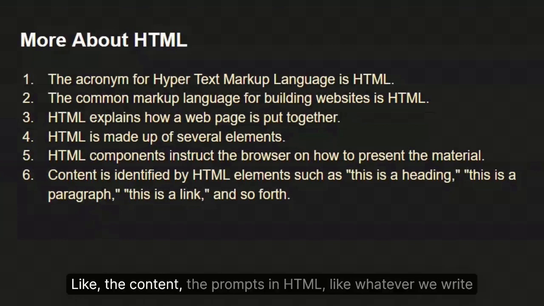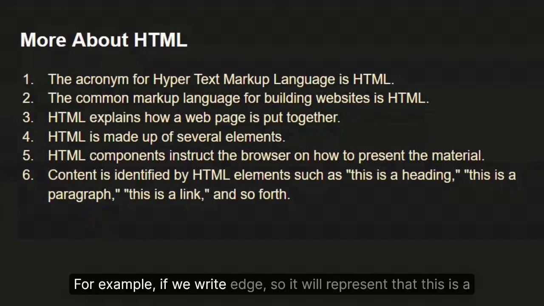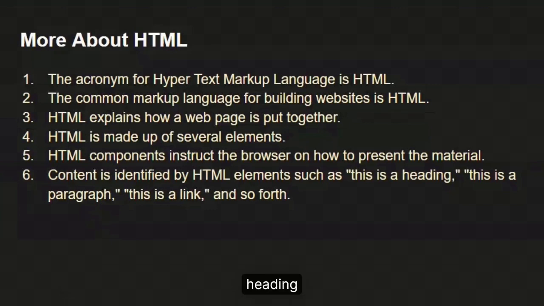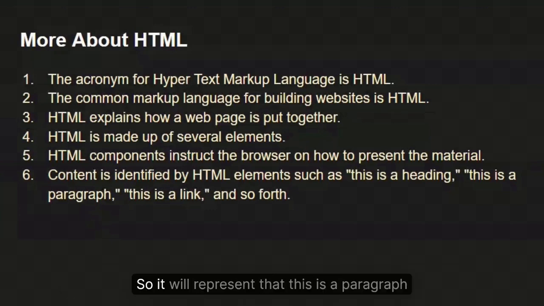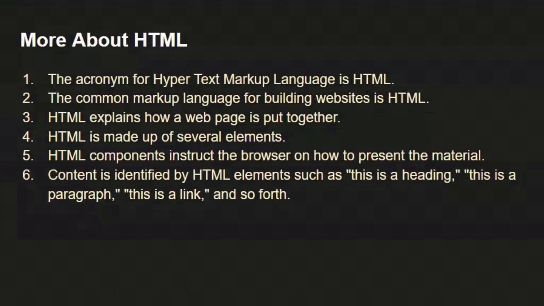For example, if we write h, it will represent that this is a heading. If we write p, it will represent that this is a paragraph. If I write a space href, hyperlink reference, it means that it is a link.